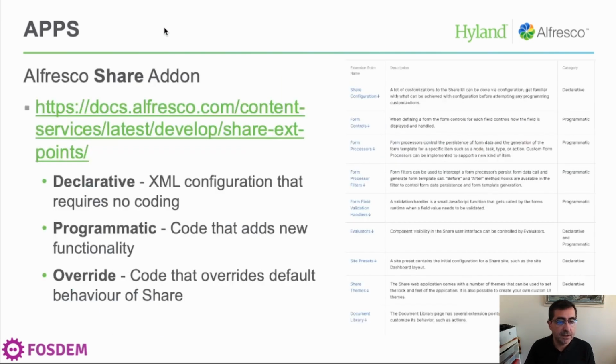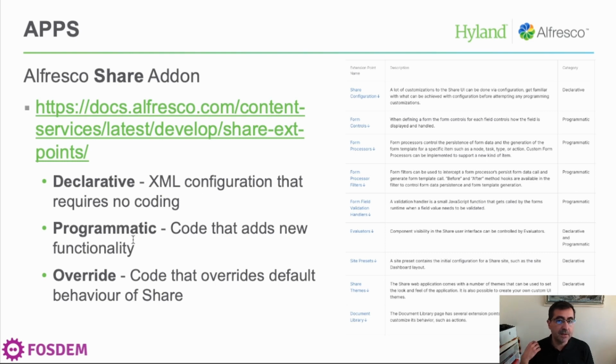For the Alfresco SER, we are talking about Alfresco SER add-ons. So you have on the Alfresco documentation all the instructions in order to create this kind of extension for this application that can be declarative, just configuring something of the application, changing some behaviors and default behaviors of the application.